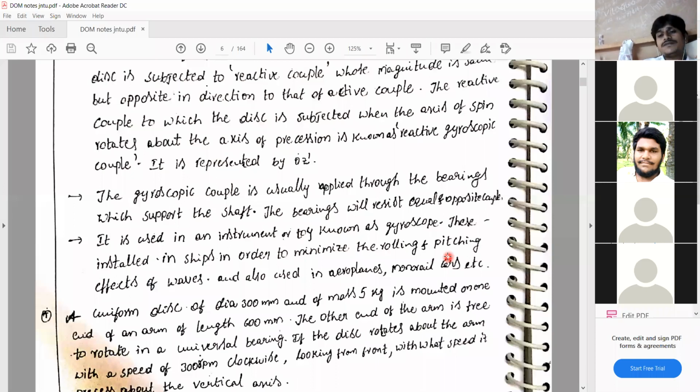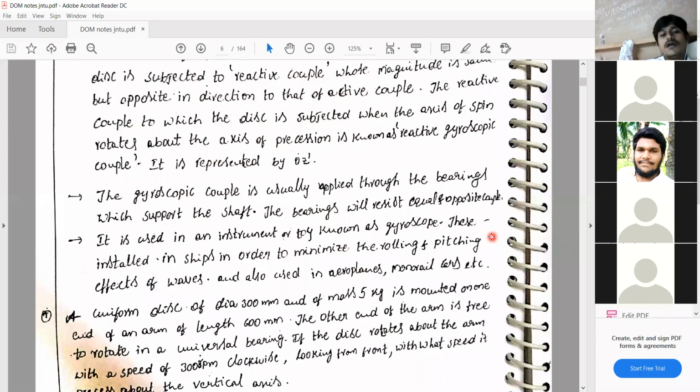If you observe, when cyclones or storms happen in our daily days, you cannot hear news about ships being destroyed by a particular cyclone. Why? Because they utilize this particular principle. If a ship faces a problem in any storm or cyclone, it can be stabilized with the help of the gyroscopic couple principle.